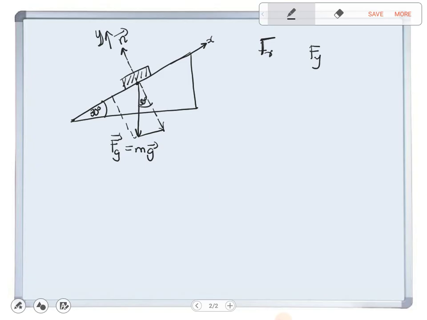So if I have to resolve the weight of the object, since the weight is here, and this is the x. If I want the y component, now take note, for this triangle alone, this is the x for the triangle, and here this is the y for the triangle.